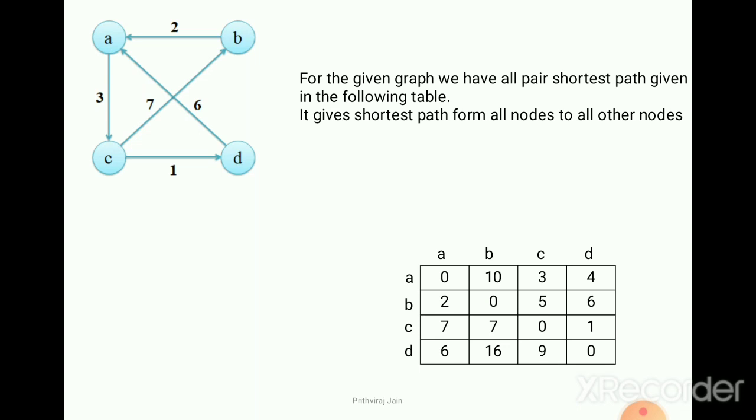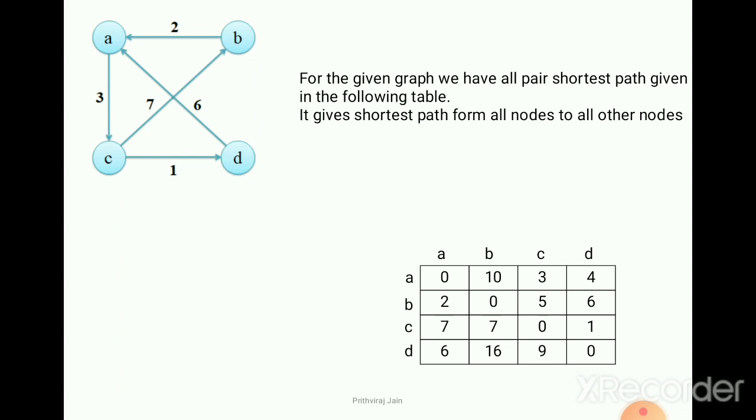From A to B, we have a shortest distance of 10, that is from A to C and C to B, that is 3 plus 7. So that is the shortest distance. From A to C, that is 3. From A to D, that is 4. That is from A to C and C to D.